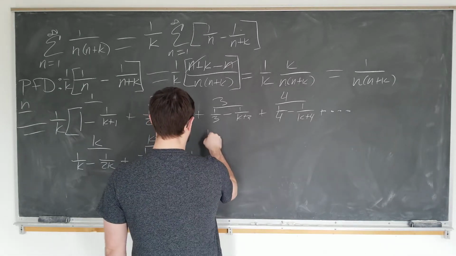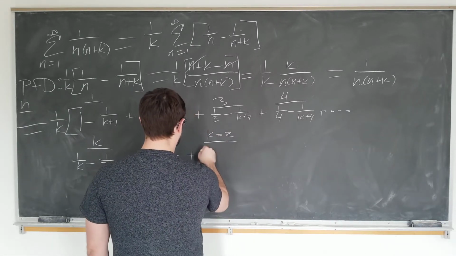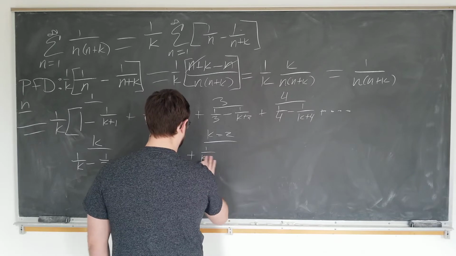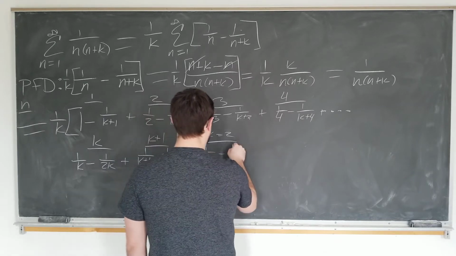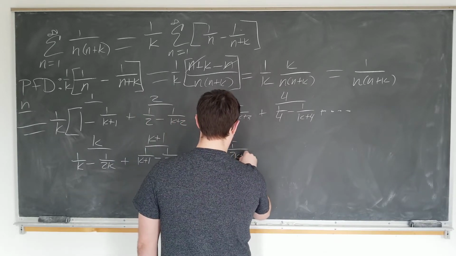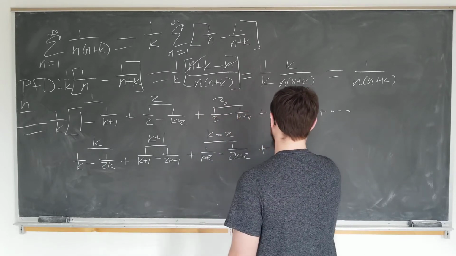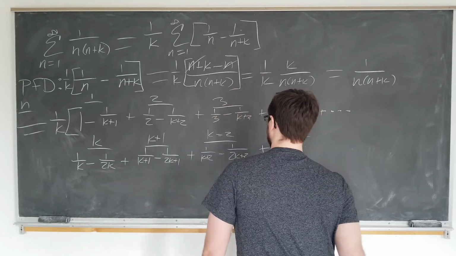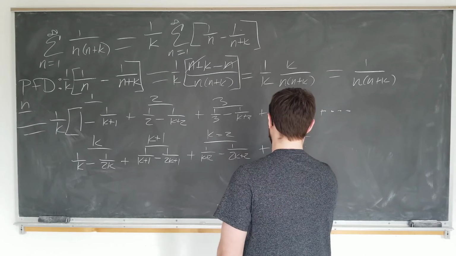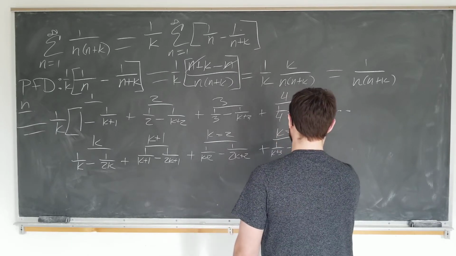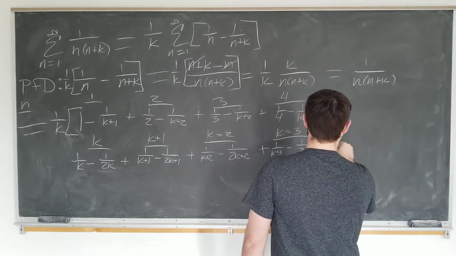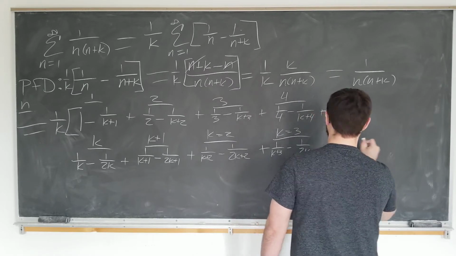And the next term, 1 over k plus 2 minus 1 over 2k plus 2. The pattern is pretty clear at this point. Next, 1 over k plus 3 minus 1 over 2k plus 3, and it continues indefinitely.